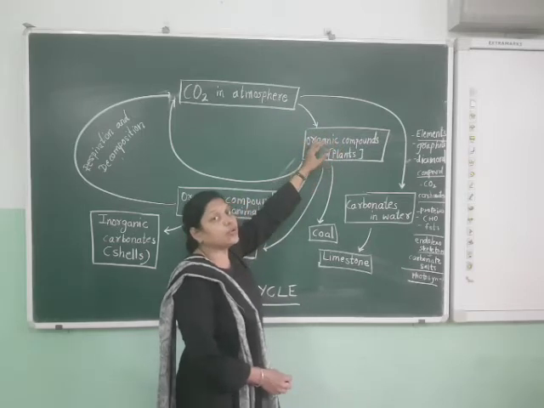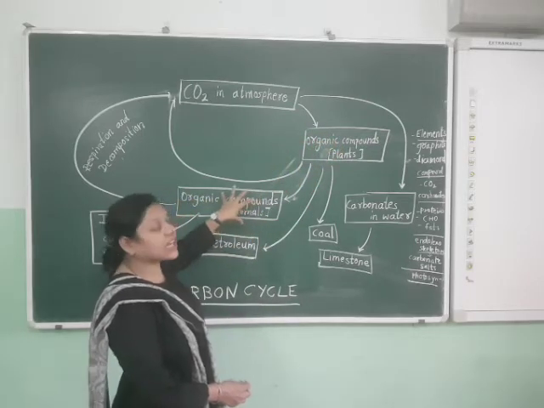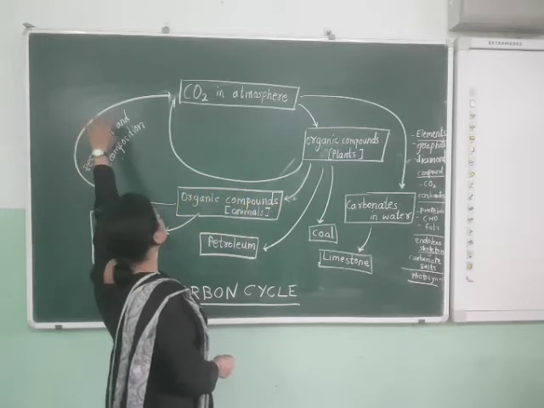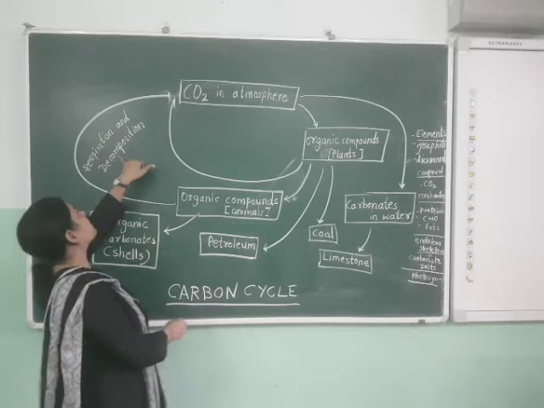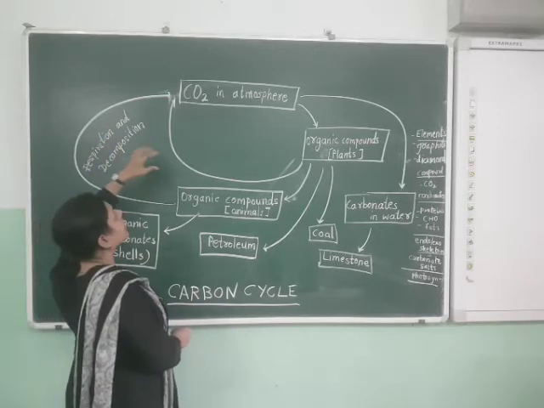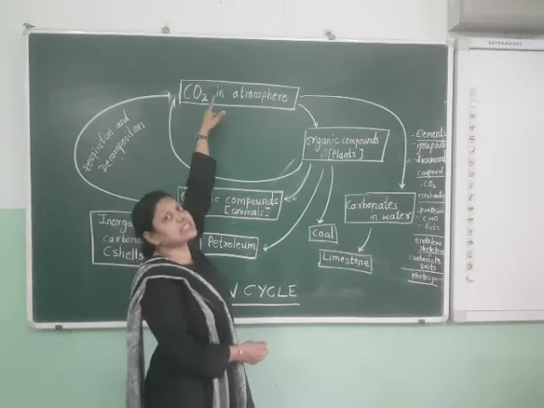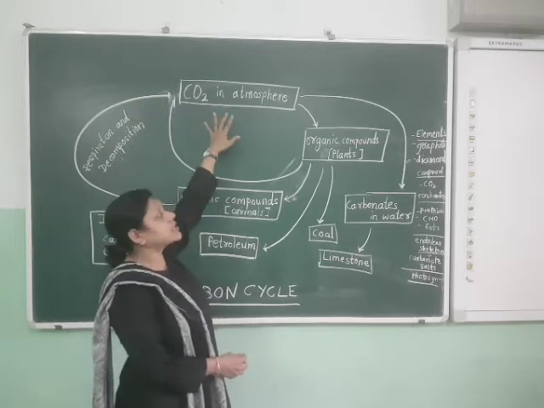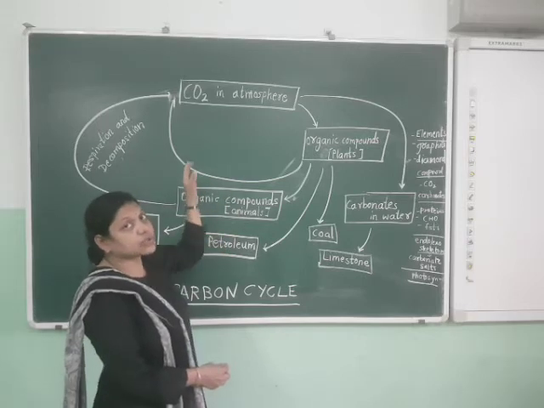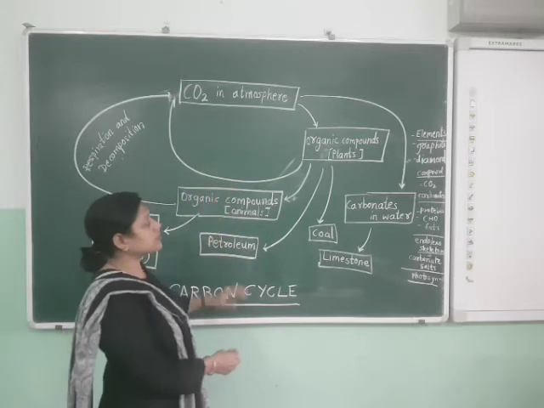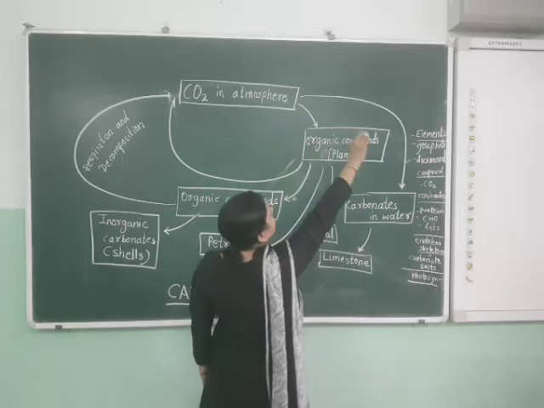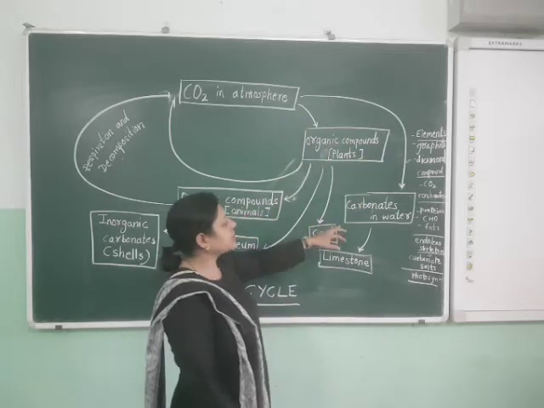They make their food, that food is utilized by animals, and when animals respire and through decomposition, carbon dioxide is released back into the air. This is one factor that helps to balance the carbon dioxide present in the air. The other process involves the carbon dioxide found in the atmosphere.